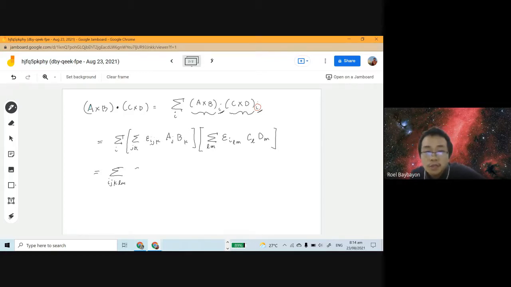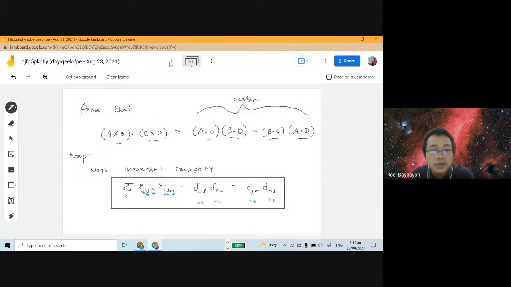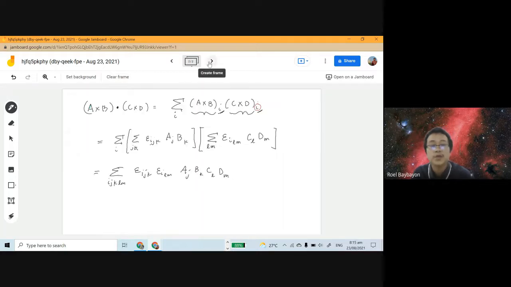And I also have A_j B_k C_l D_m, with epsilon_ijk and epsilon_ilm. One important property of epsilon: two Levi-Civita symbols can be written in terms of the Kronecker delta: delta_jl delta_km minus delta_jm delta_kl.